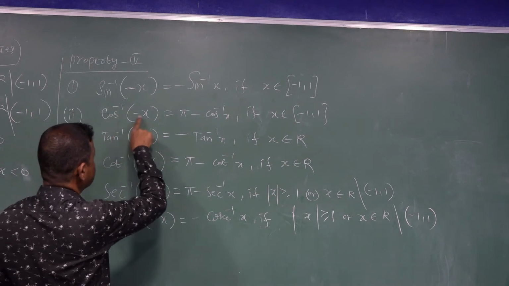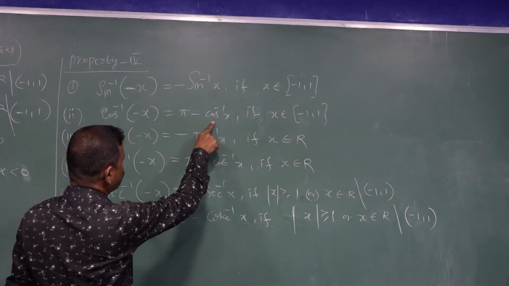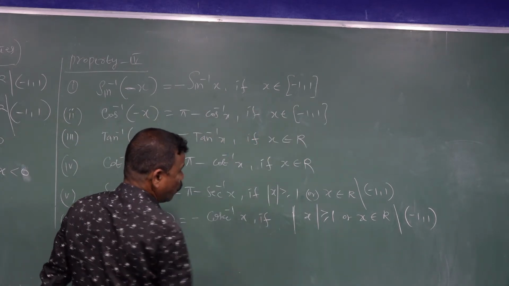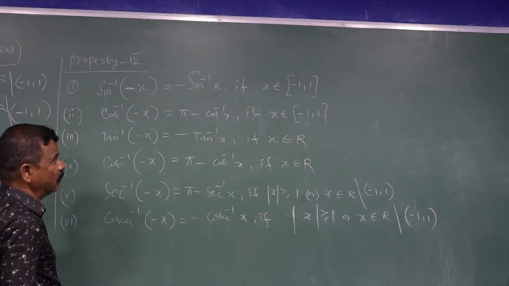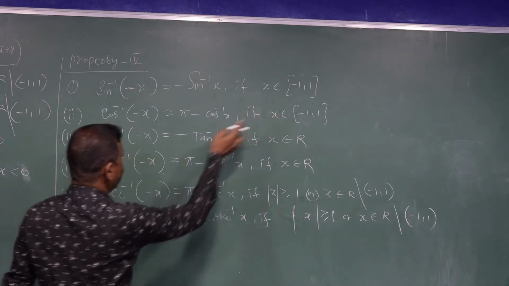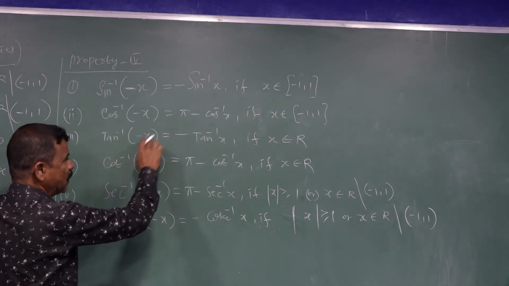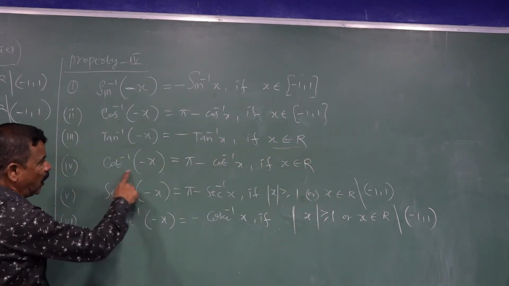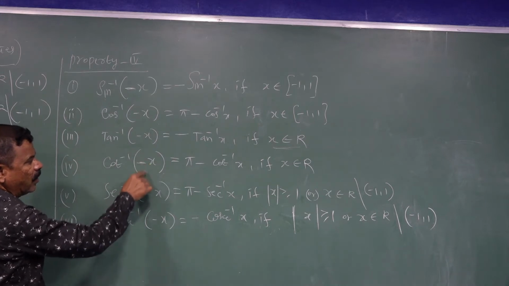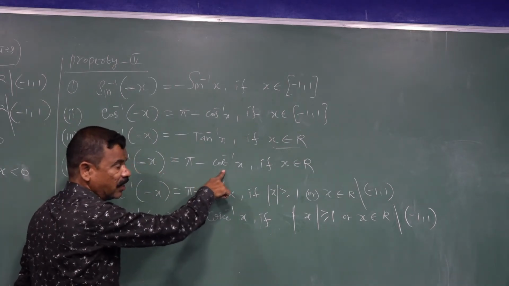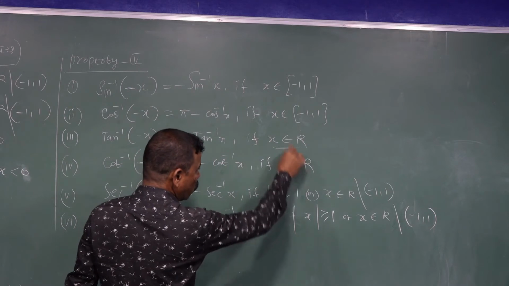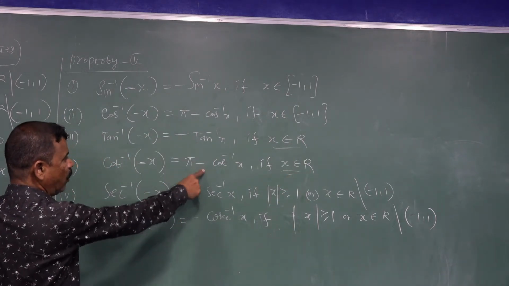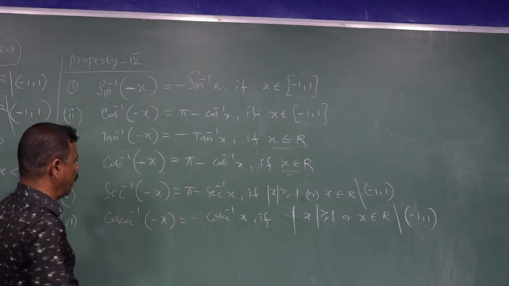Here cos inverse of minus x is π minus cos inverse x, where x belongs to [-1, 1], the same values. Here tan inverse of minus x is minus tan inverse x, where x belongs to any value. Cot inverse of minus x is π minus cot inverse x, where x belongs to R.